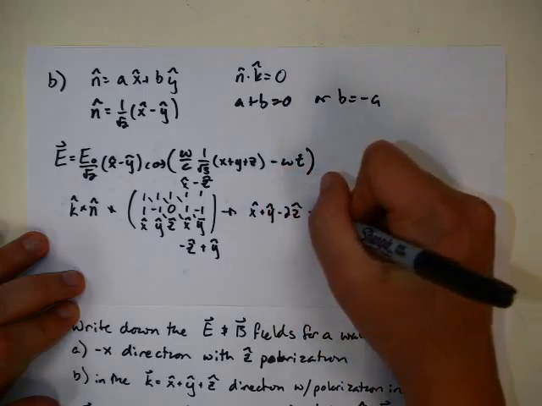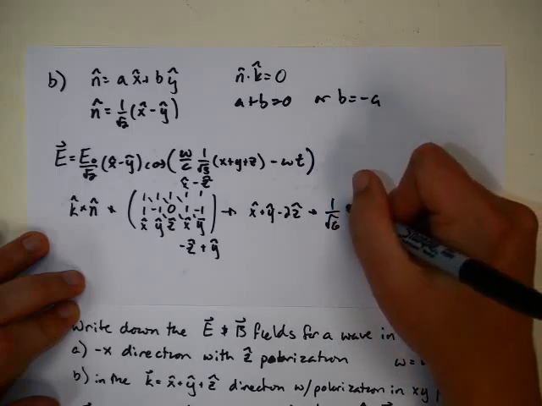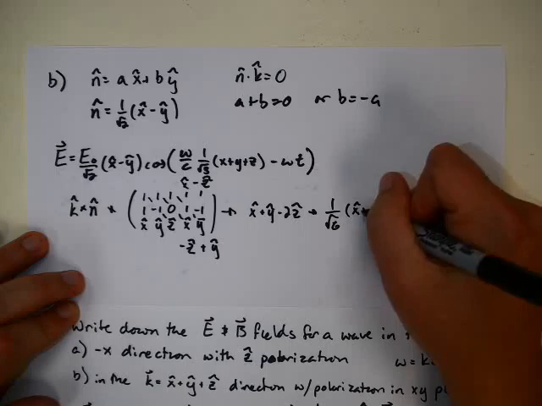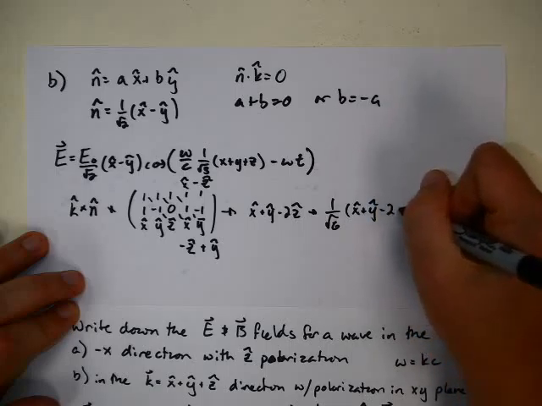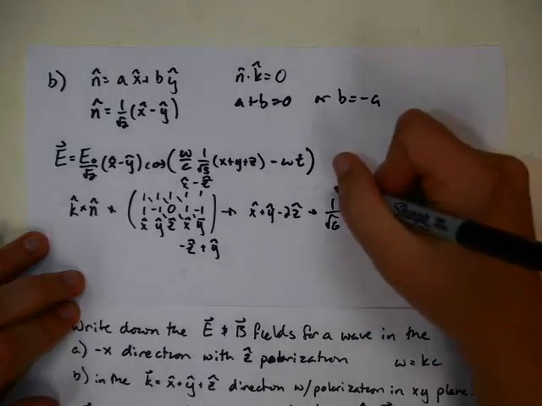And so k cross n is going to give me x hat plus y hat minus 2z hat. If I normalize that, I get 1 over root 6 (x hat plus y hat minus 2z hat). And so this is normalized.